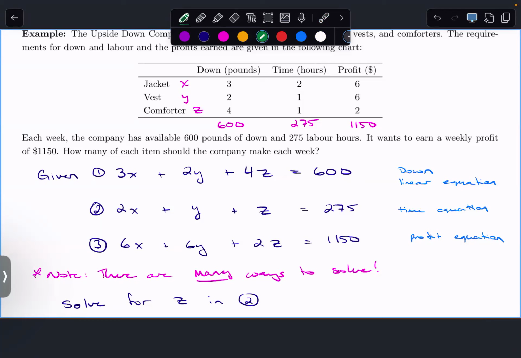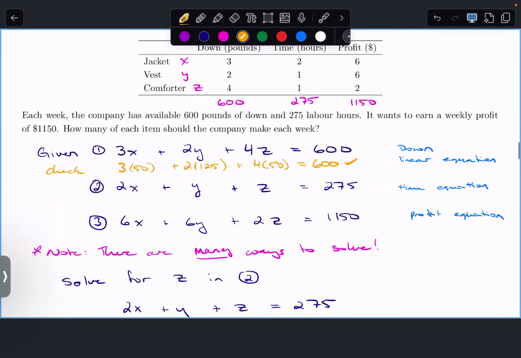Although I kind of didn't want to use a, why not? 3 times 50 plus 2 times 125 plus 4 times 50 is 600. 2 times 50 plus 125 plus 50 is 275.